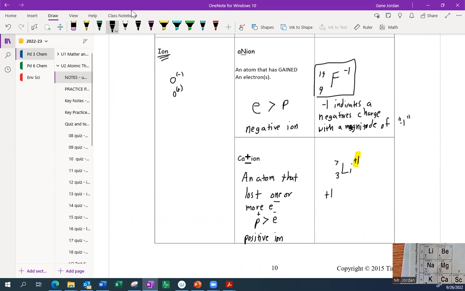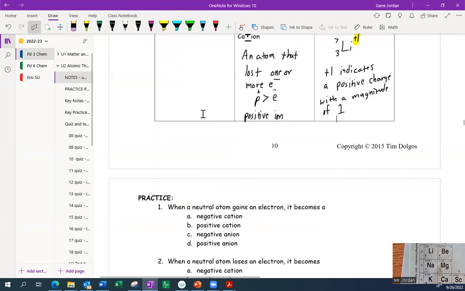The +1 charge indicates, just like we thought, a positive charge with a magnitude of 1. All right, that's all there is to ions, really.